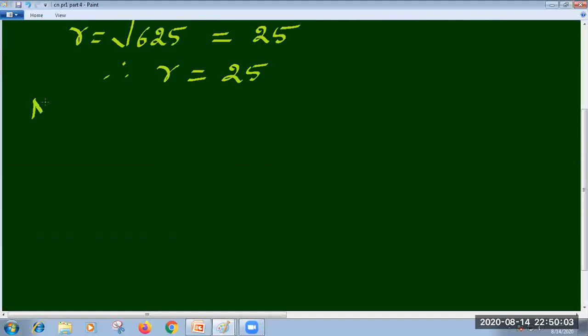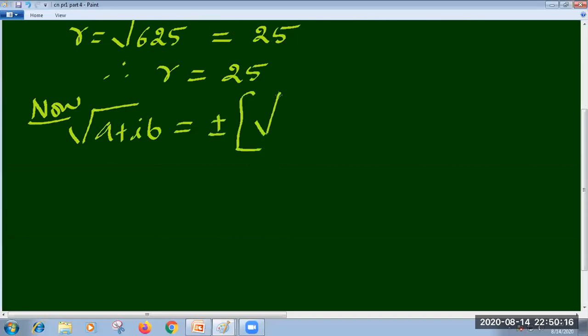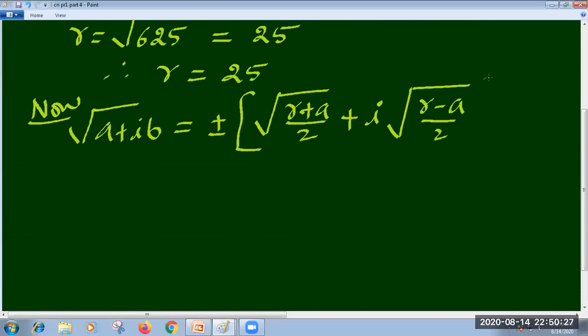Now write the square root formula, that is the square root of a plus ib is equal to plus or minus under root r plus a by 2 plus i under root r minus a by 2.